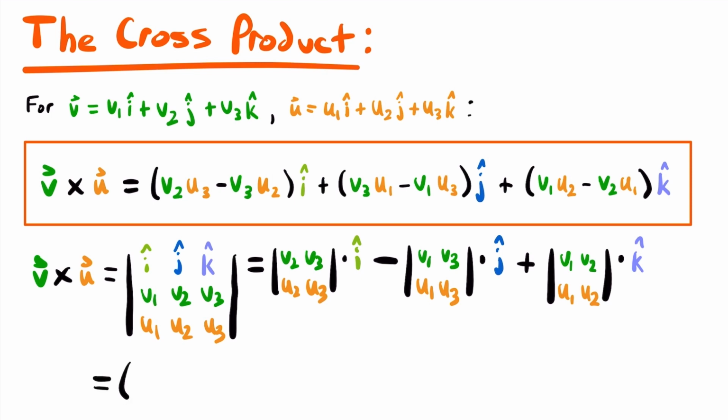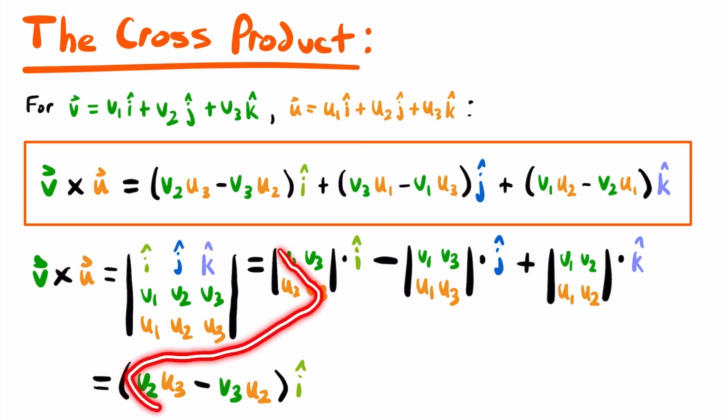We're going to have v2 times u3 minus v3 times u2, and that is going to be multiplied by vector i. So we multiplied v2 times u3, and that's right here, and then we subtracted v3 times u2, which is right here.